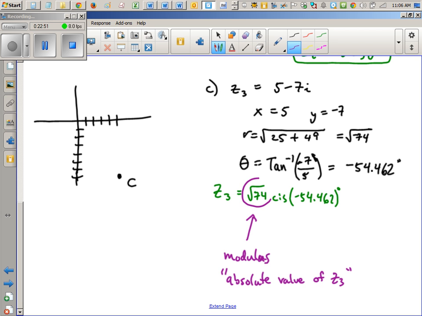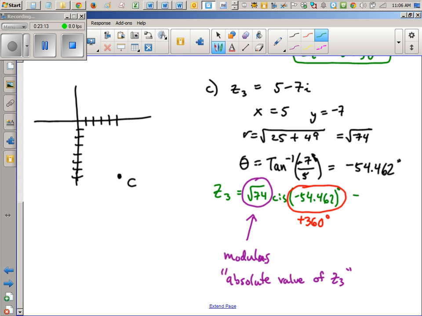So that number right there has a name. We used to call it r, but in this section it's technically called the modulus. Don't ask. And this angle, we're not really supposed to ever write a negative. You need to add 360 to it. I'm sorry, but that's just one more tradition.